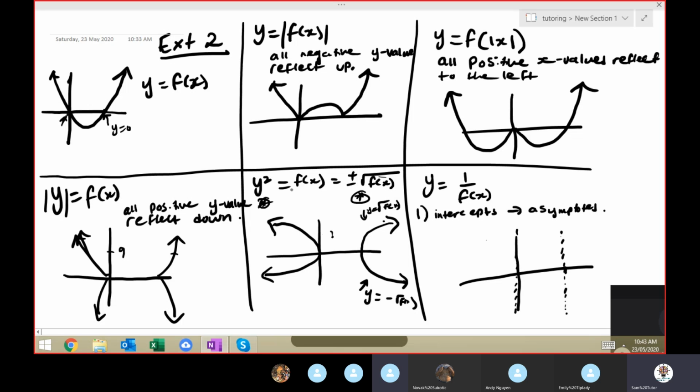And is it just the x-intercepts that become asymptotes? Yes, just x-intercepts. And then if they're happy, 1 over happy would be a sad, but I'll prove that in a second.